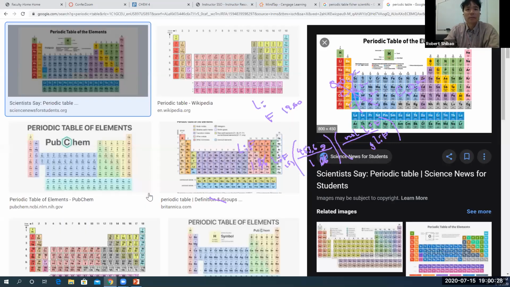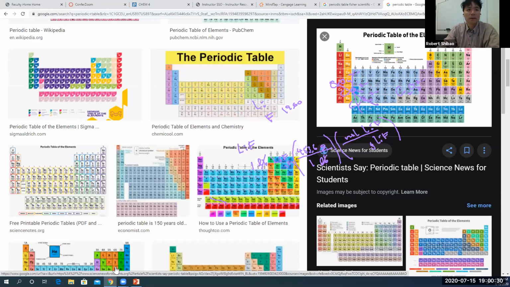I need to keep a periodic table handy on my computer, and I do have one. Let me just use mine. I have a PDF of the periodic table. Search the right folder.